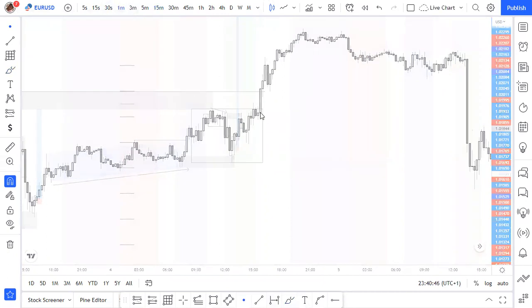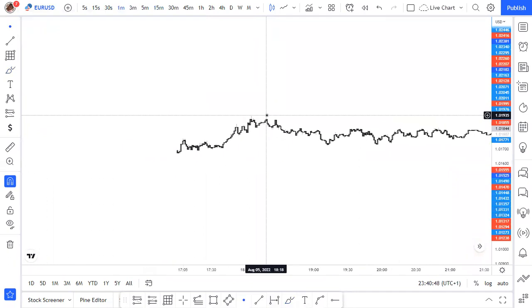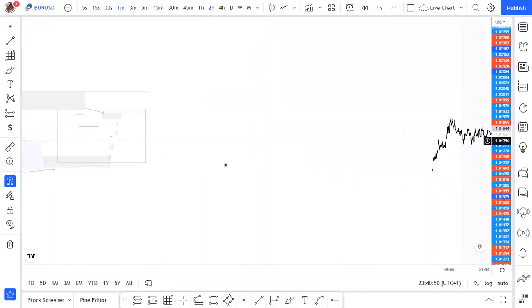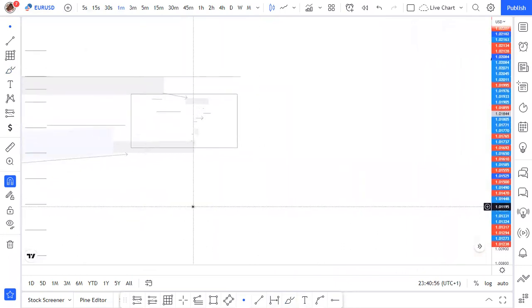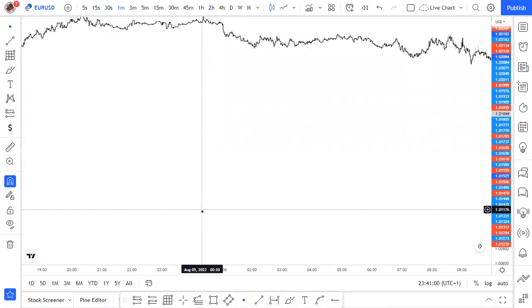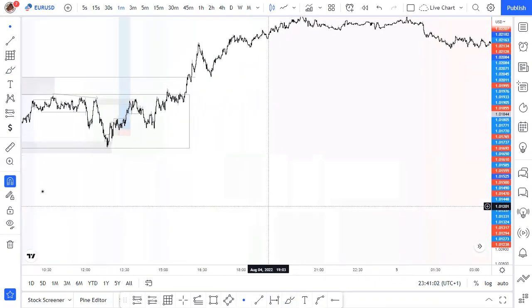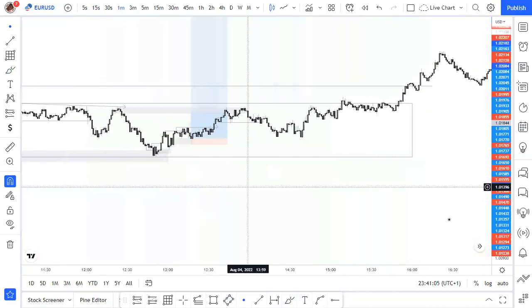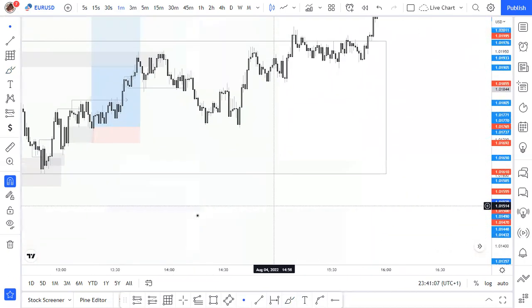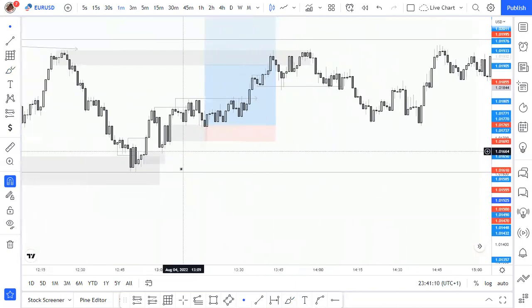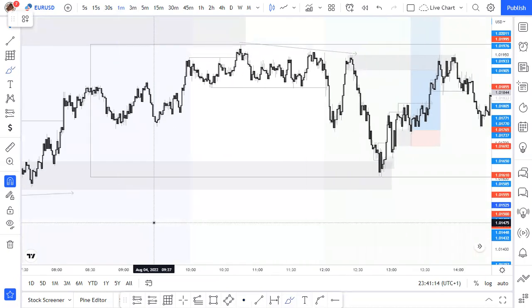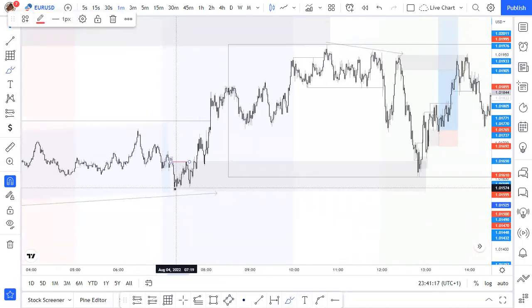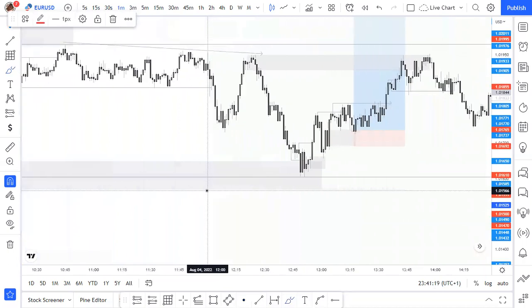So, going up to the 1 minute, I really need to quickly round off this trade. Here on the 1 minute, we had price mitigating this 15-minute demand zone.